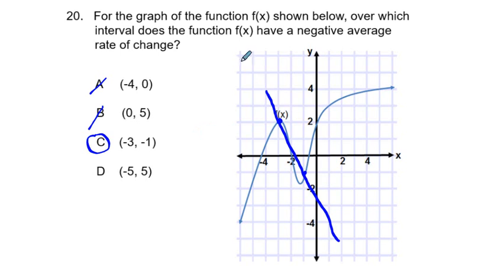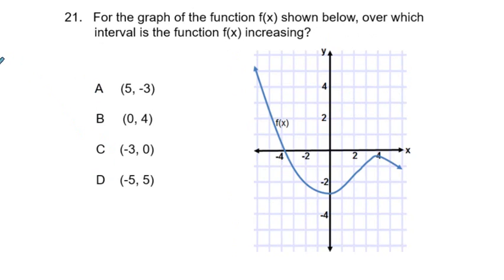To go to completion, we can check answer choice D. If we go from -5 to 5, again, answer choice D gives us a positively sloped line connecting the 2 points. So D is not correct. All right, C is our answer there.